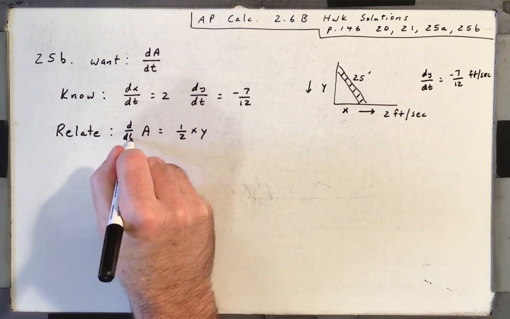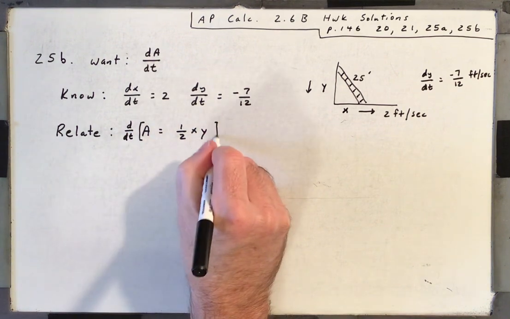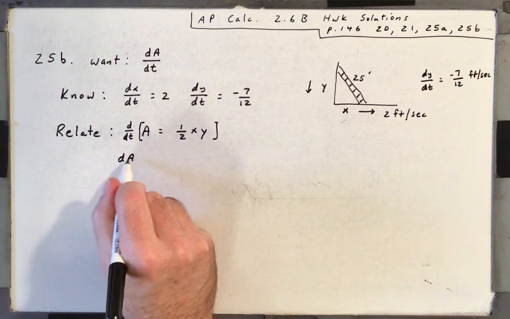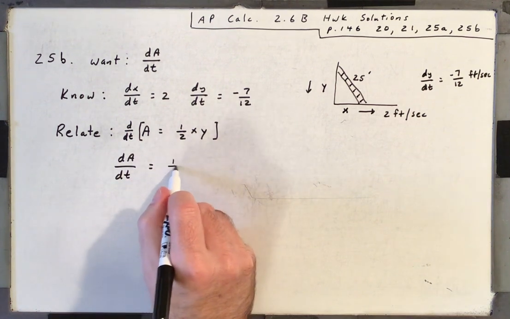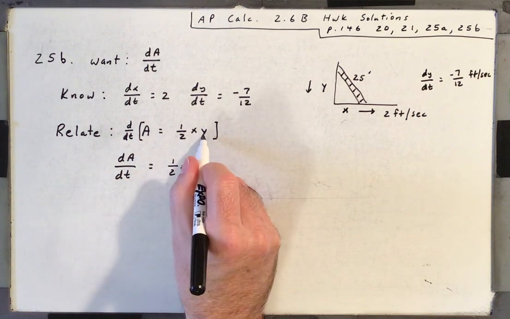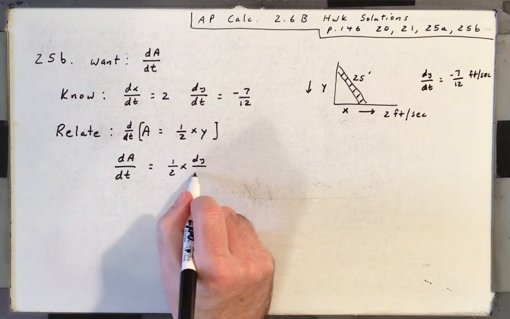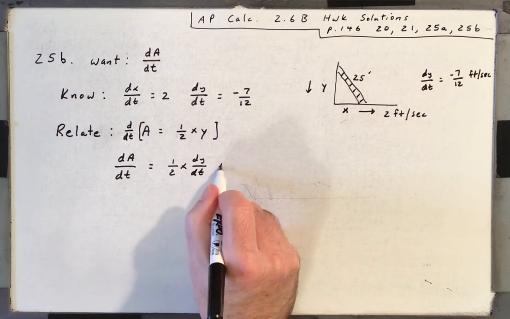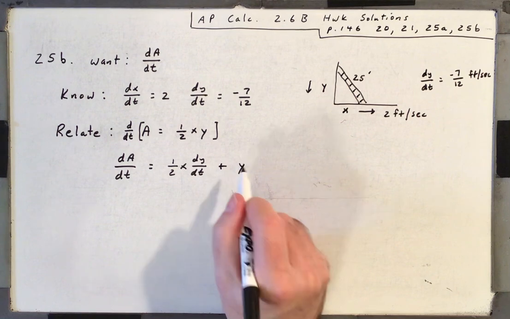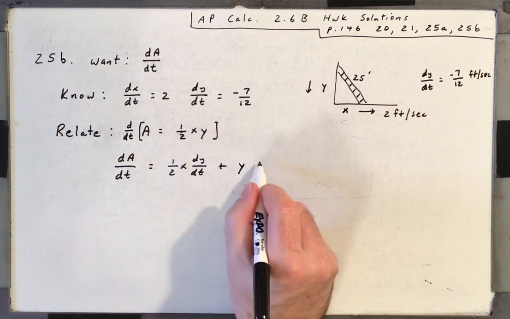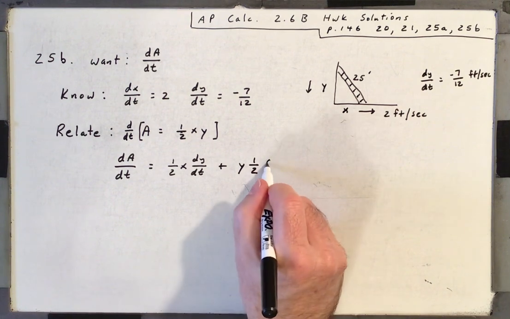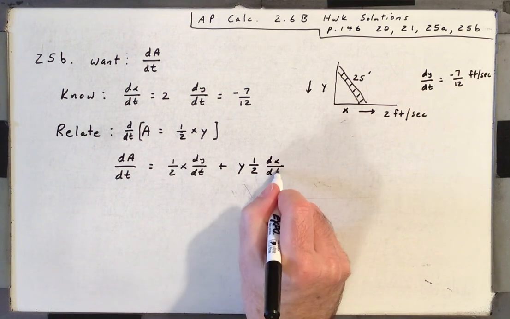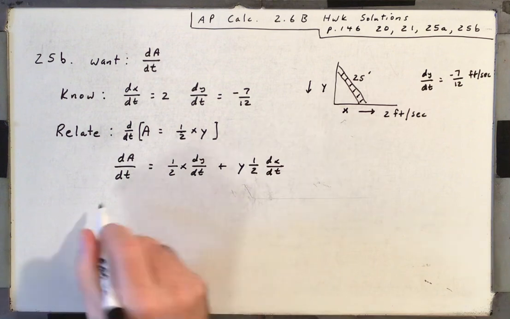If we take the derivative with respect to time, dA/dt, this is a product rule. It's the first, 1/2 x, times the derivative of the second, dy/dt, plus the second, y, times the derivative of the first, 1/2 dx/dt.